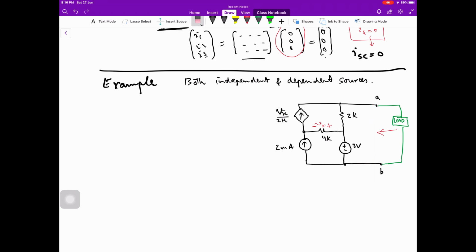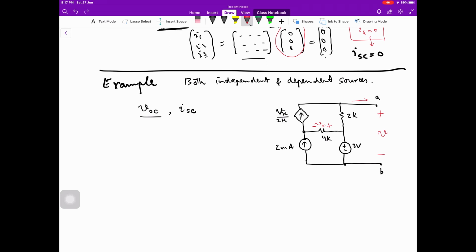Now we delete all unnecessary things over here, and first of all we find V open circuit and I short circuit. In finding V open circuit, look at the circuit diagram. This pair of terminals AB is open.